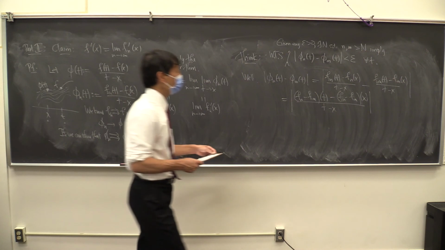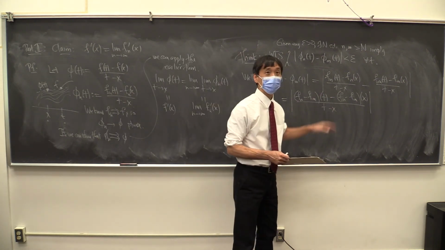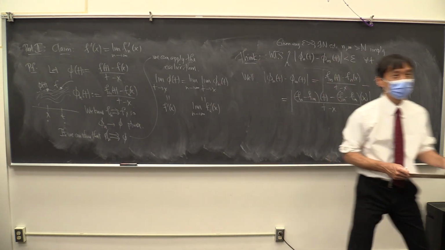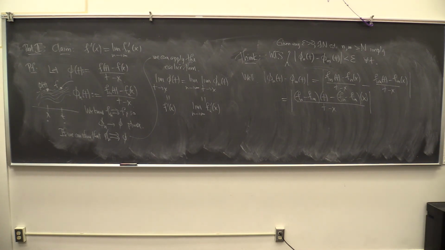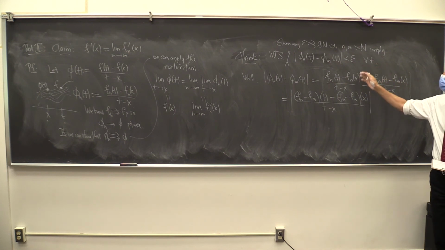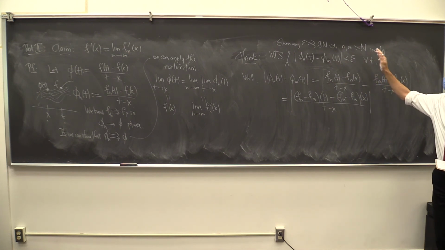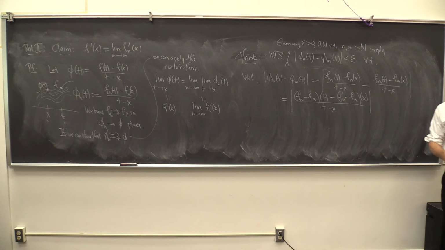I want to show that I can make that smaller than epsilon. Somebody's giving me an epsilon, and I want to find an n past which this thing is smaller than epsilon.